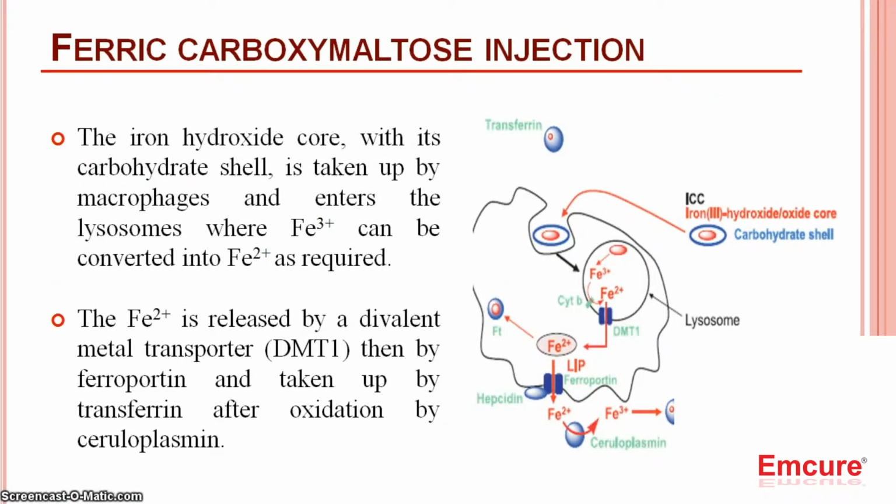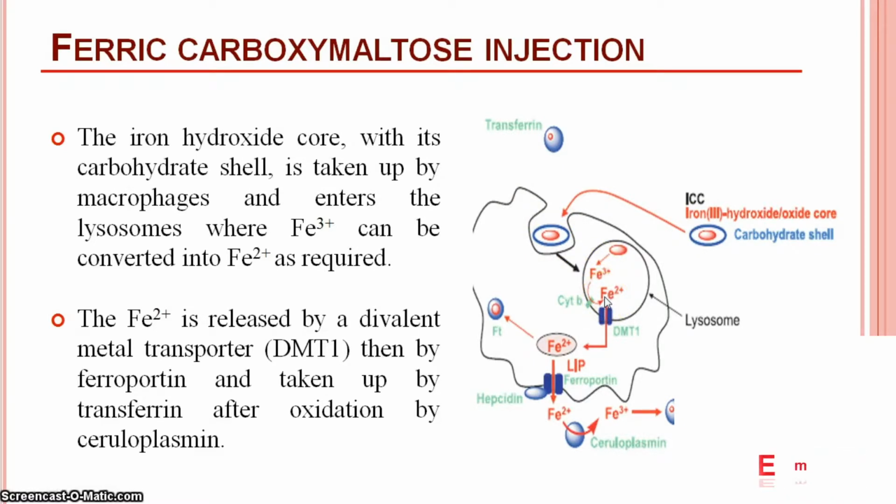The iron hydroxy core with its carbohydrate shell is taken up by the macrophages and enters the lysosomes, where ferric can be converted into ferrous as required. Here you can see the ferric, or iron 3 hydroxide, core inside a carbohydrate shell is taken up by the macrophages, and this ferric is converted to ferrous.